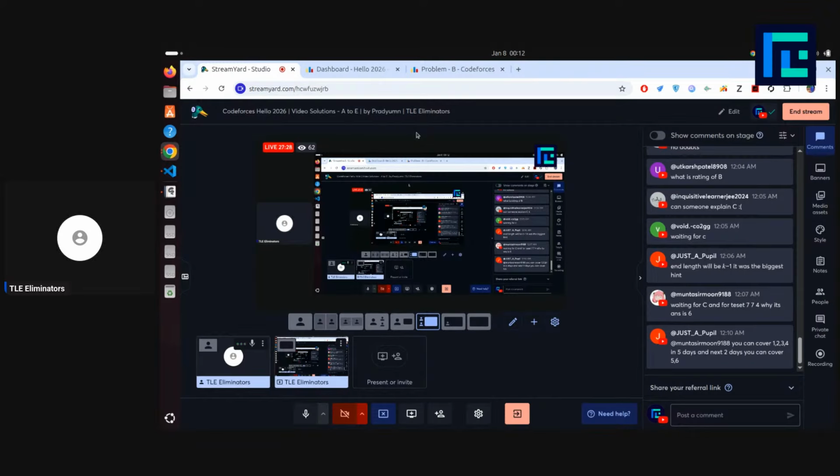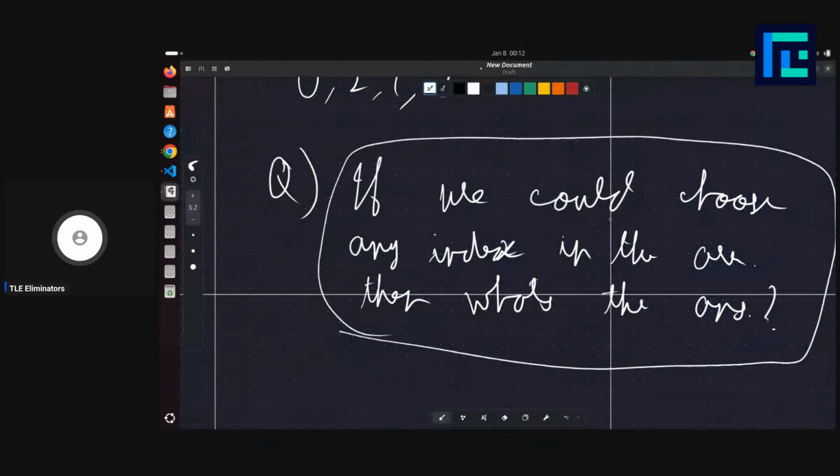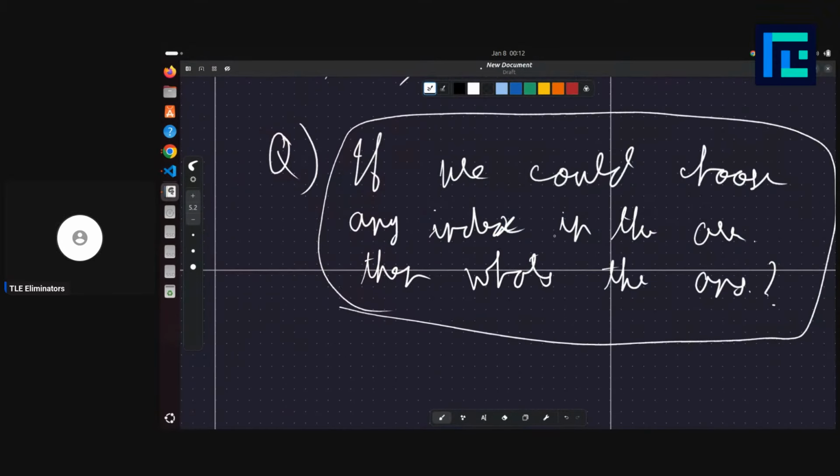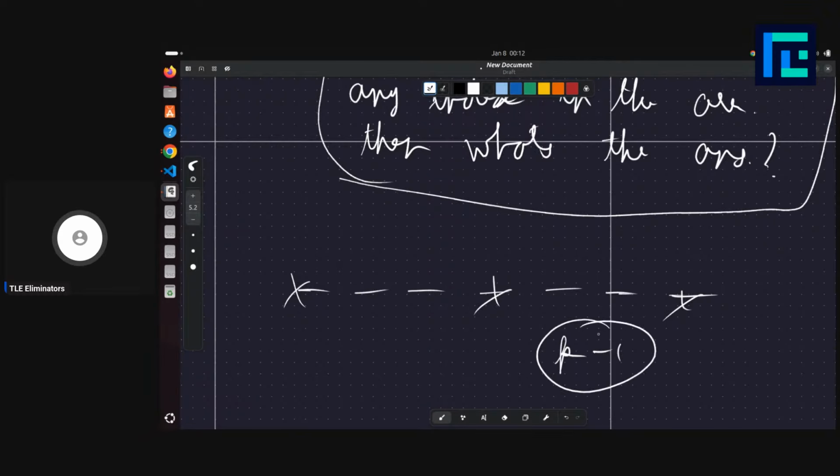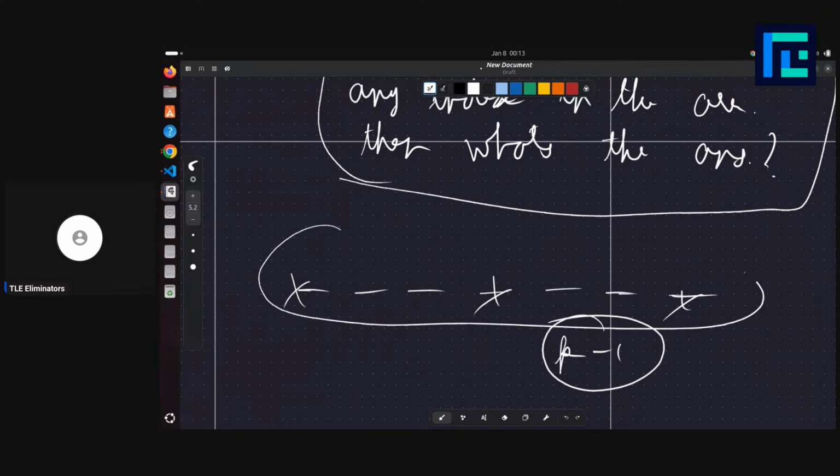If we can delete any elements, we keep k minus 1 elements alive and maximize the max of them. How do you find the answer in that case?